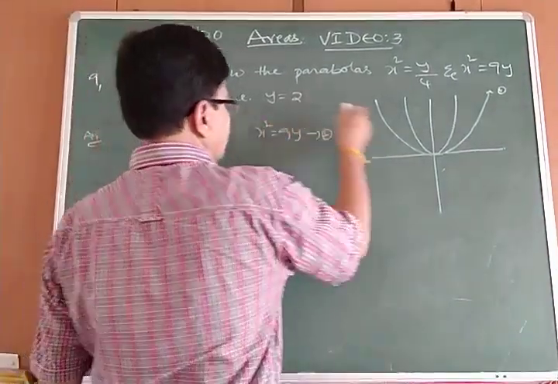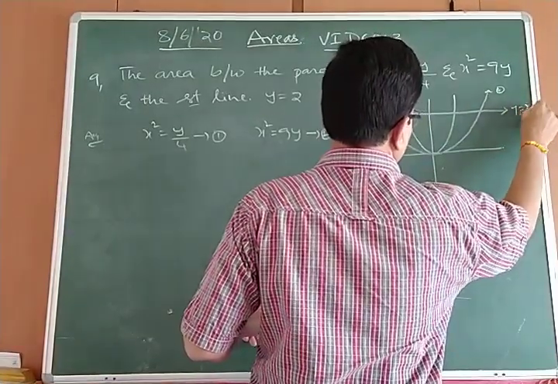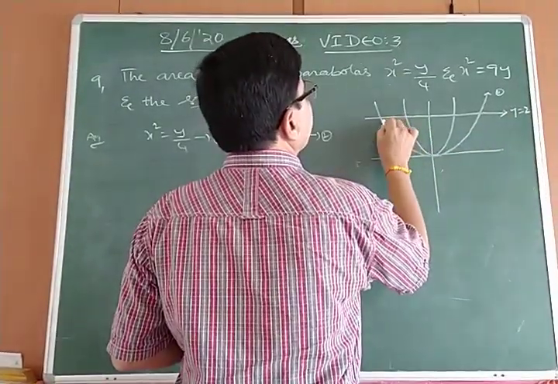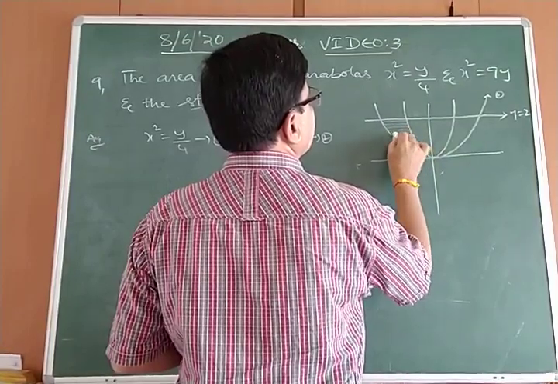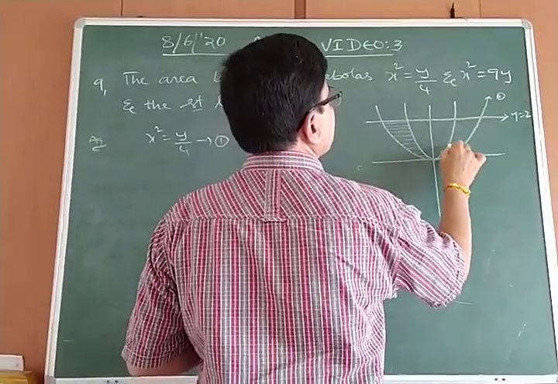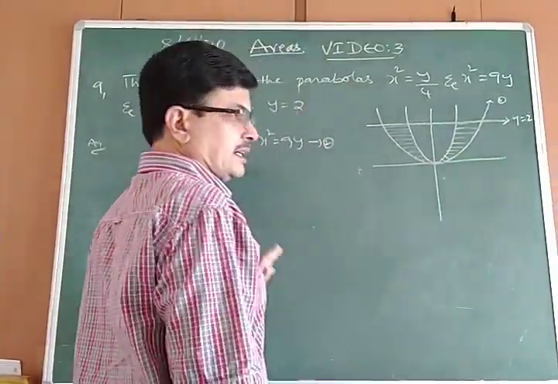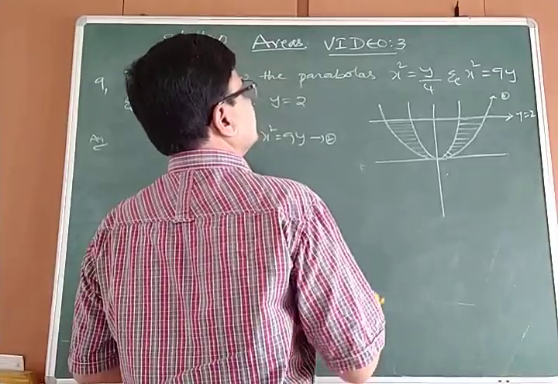And the line y is equal to 2 is this one. This is y is equal to 2. Now the required area bounded by the parabolas and the given line is this one. The shaded part is the required area.